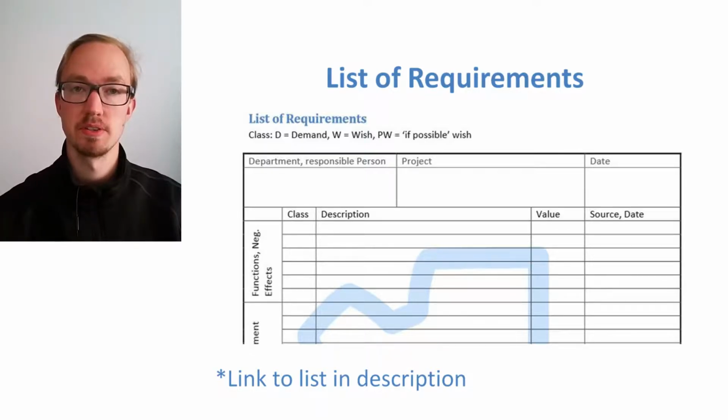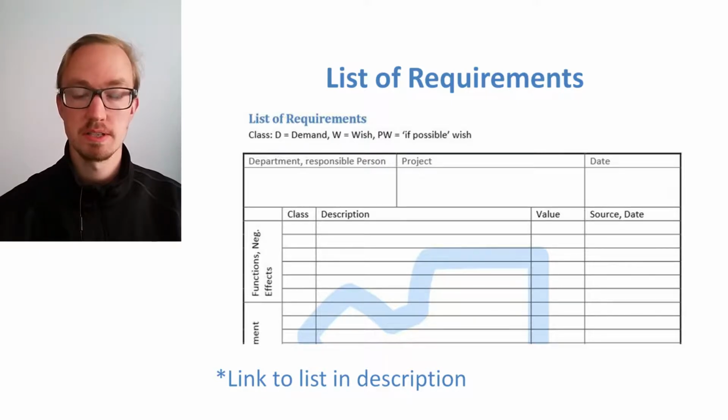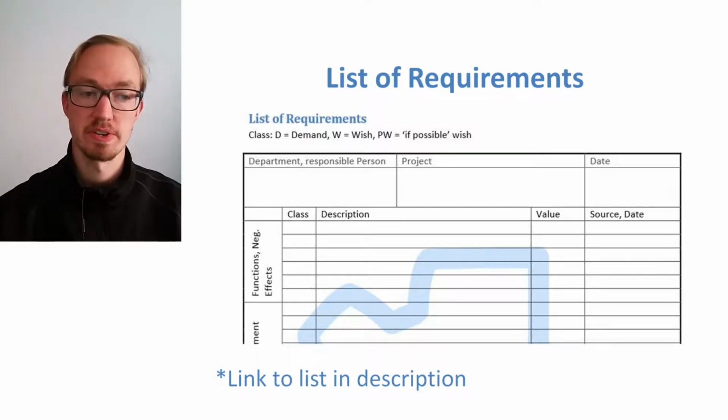The source is the person responsible that added this criteria, and it could also be, for example, quoted as source. For example, a regulation that says, for hospital machines, that there is a specific paragraph that states that this criteria has to be added. And date, of course, to keep track of changes.